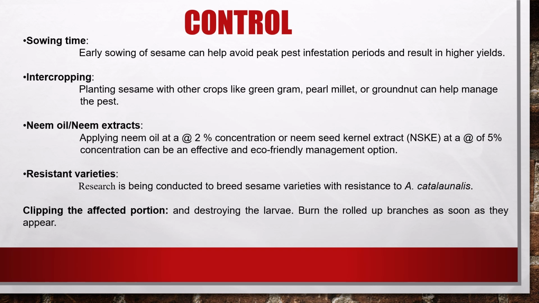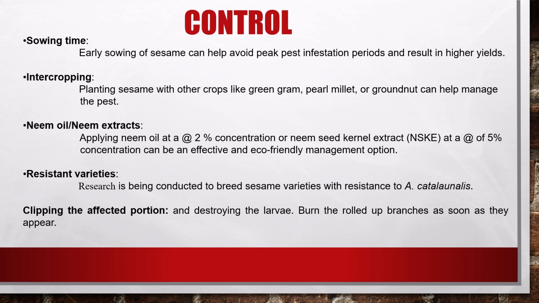Applying neem oil at a rate of 2% concentration or neem seed kernel extract at a rate of 5% concentration can be an effective and eco-friendly management option. Selection of resistant varieties also has a good impact on reduction of the insect pest. Research is being conducted to breed sesame varieties with resistance to A. catalaunalis.